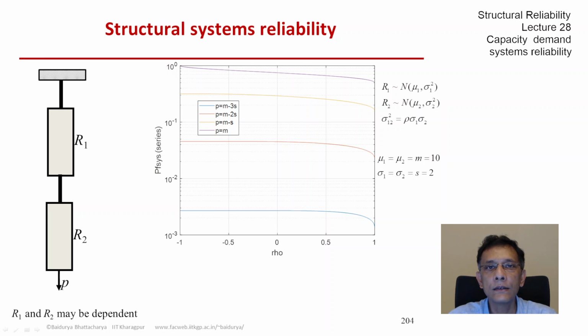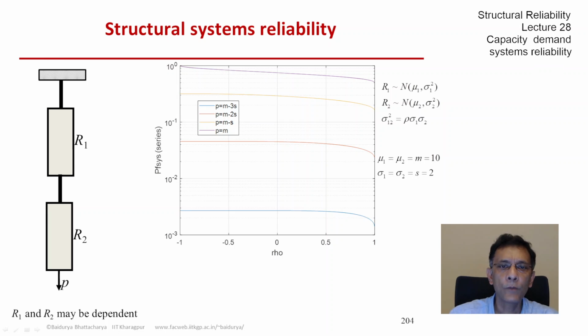And we see the same kind of trend for the other two curves. As P decreases, P is m-2s and then m-3s, we see that it starts at the highest value in the entire range and then monotonically decreases to the lowest value when rho is equal to 1.